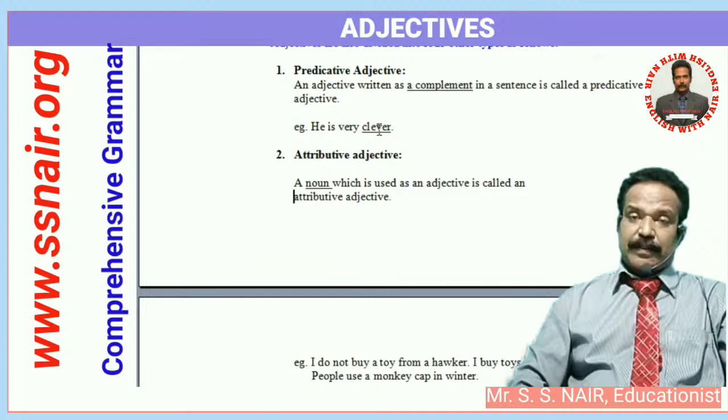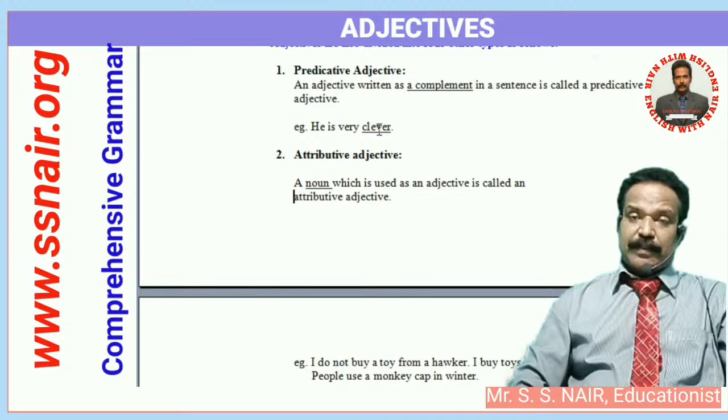Example, I do not buy a toy from a hawker. I buy toys from a toy shop. People use a monkey cap in winter. Now you see what we are discussing? Attributive adjective. Toy shop seems like a compound word, but here toy is a noun that is actually an attributive adjective.